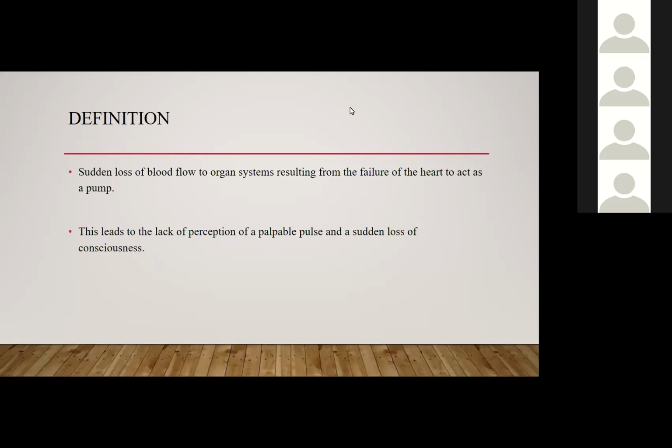If the absence of pulse means that the patient is dead, then no one will bother to do CPR. True or false? True. Because why do we do CPR? We do CPR because we think, hey, there's no pulse, so let's do CPR. Maybe we might be lucky, the patient will wake up.